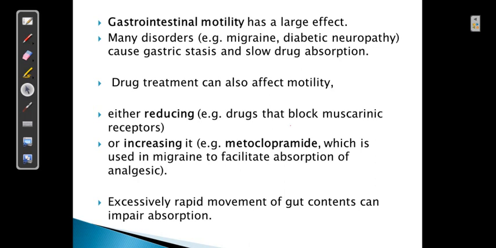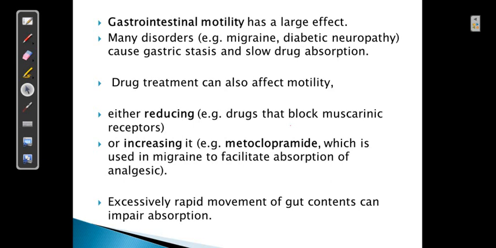If analgesic is given for the treatment of migraine, the absorption of analgesic will be less. So if the analgesic is given along with metoclopramide, metoclopramide will normalize the GI motility which has been reduced by the migraine, and it will facilitate the absorption of analgesic. So there will be rapid relief.